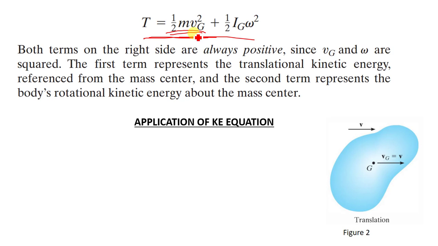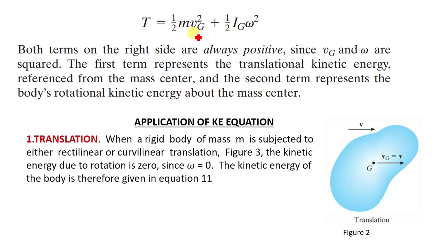Now let's look at the application of this formula. How and where can we apply it? The first application is in translation, meaning when the body is moving, whether in rectilinear translation or curvilinear translation, you can still apply this formula.